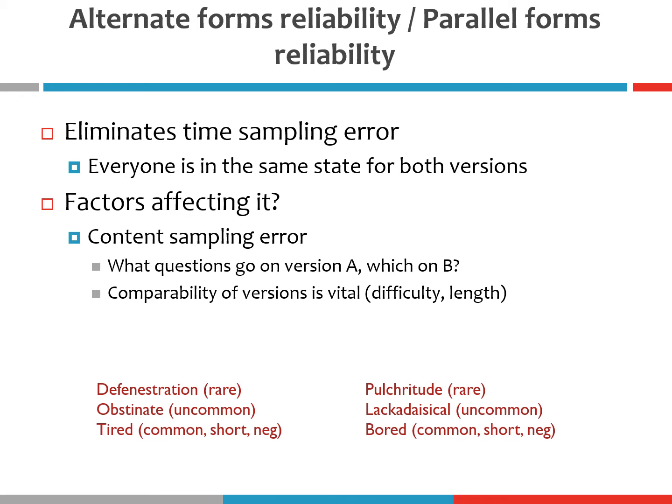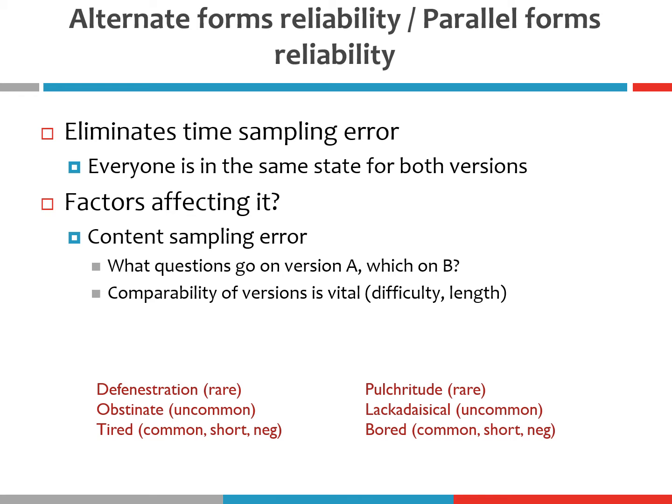When I first introduced content sampling error in my first video, I gave you the example of an intelligence test, right, which has both a verbal component and a quantitative component, right?